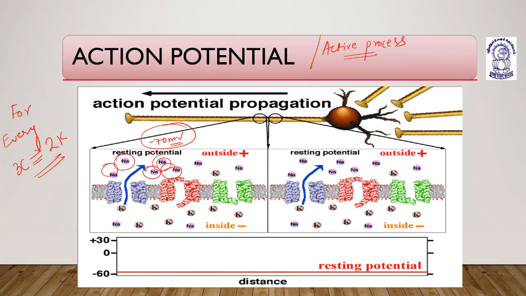The potassium ions go outside. When the potassium goes outside, the number of potassium ions on the outside increases, and because of this, the polarity of the inside region changes. As the polarity of the inside region changes, what will happen?